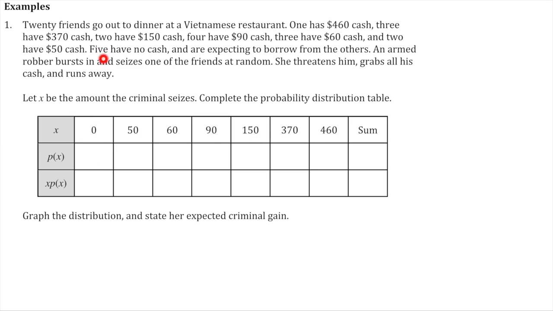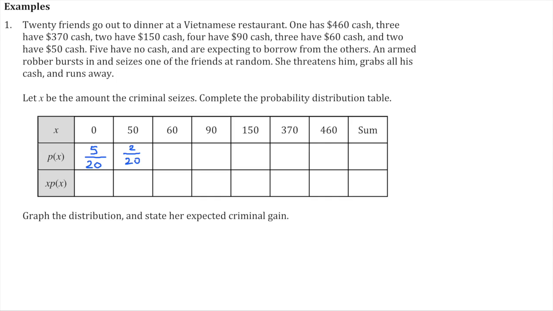Well, we know that 5 people have no cash, and we know there are 20 people there. So 5 chances out of 20 of picking someone with no money. How many people have $50? 2 people have $50, so there's 2 chances out of 20 of picking someone with $50.